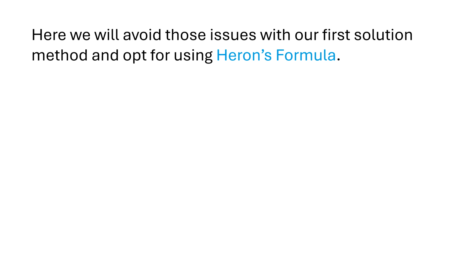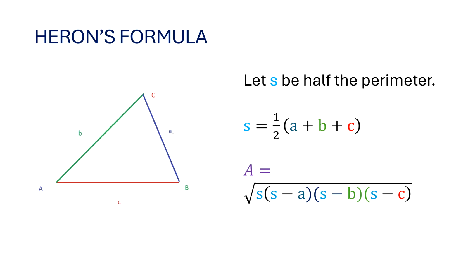This one appears to be prevalent at this time. So Heron's formula, we have a triangle, A, B, C, and we're going to label the sides across from the angles A, B, C. That really has no bearing on anything what we call A, B, or C, as long as we have all three sides.